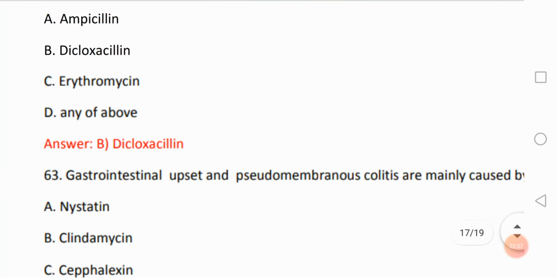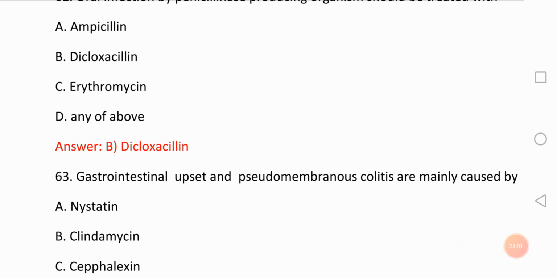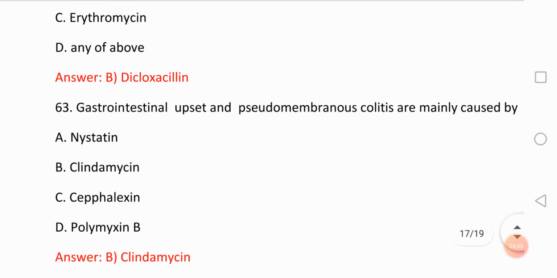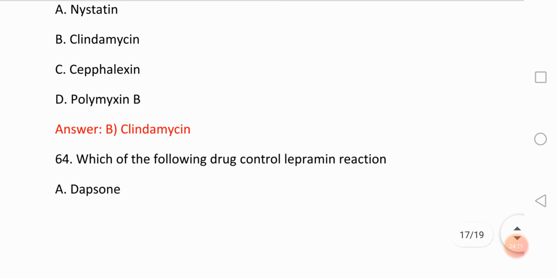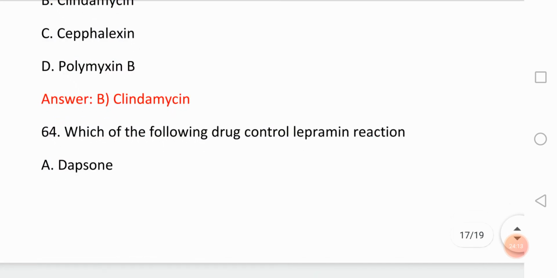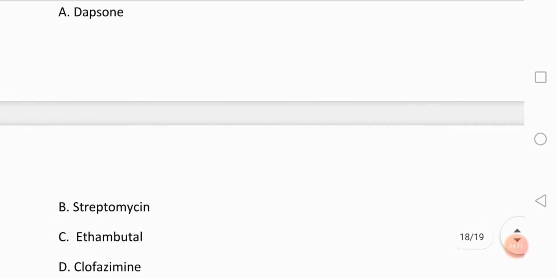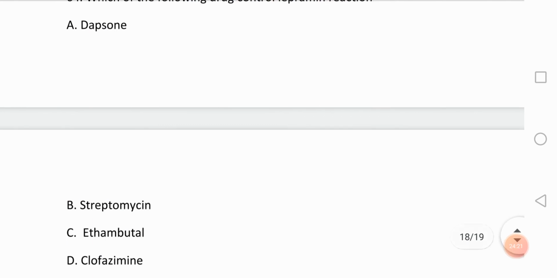63. Gastrointestinal upset and pseudomembranous colitis is mainly caused by A. nystatin, B. clindamycin, C. cephalexin, and D. polymyxin B. And the answer is B. clindamycin. Which of the following drugs controls lepra reaction? A. dapsone, B. streptomycin, C. ethambutol, and D. clofazimine.